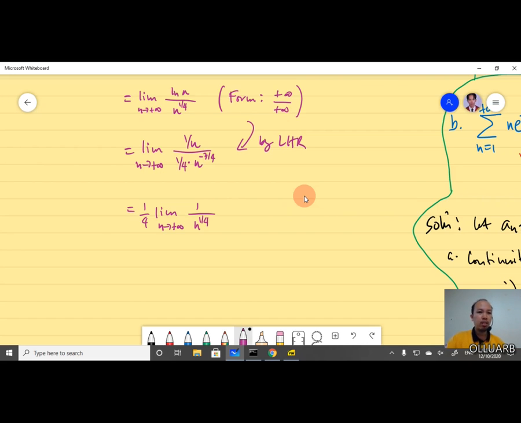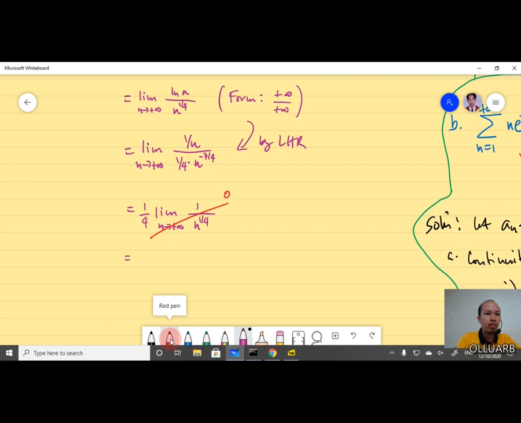And as you have noticed, the limit of this one, based on our calculus 1, is 0.